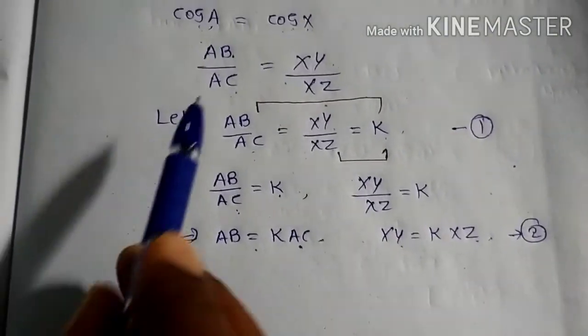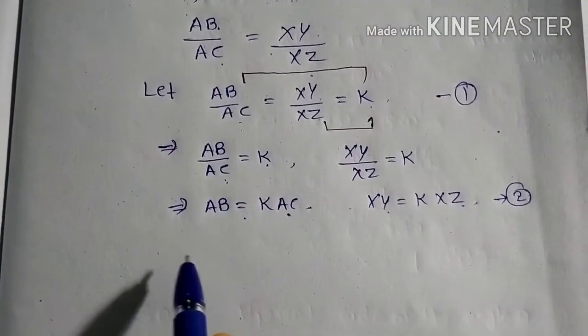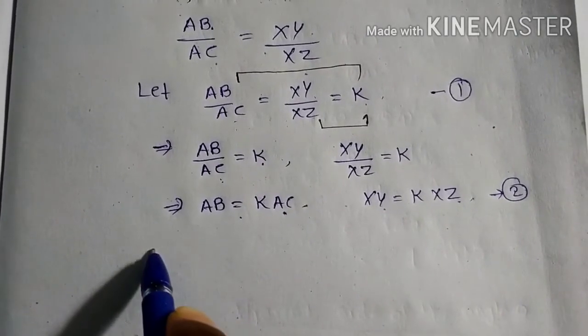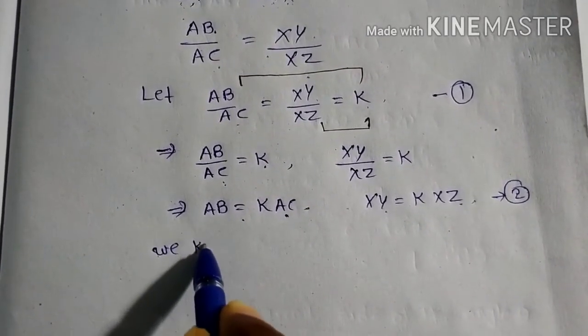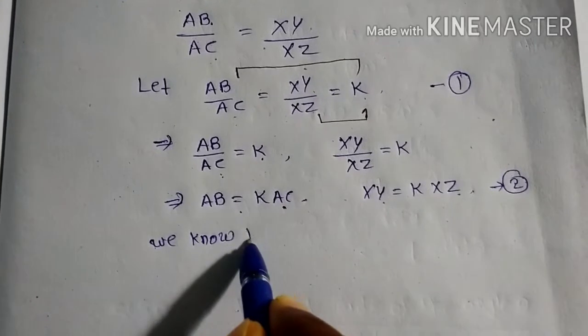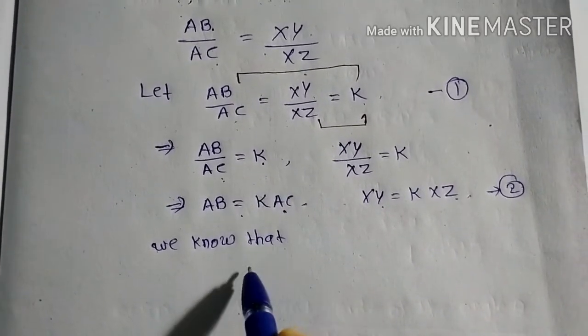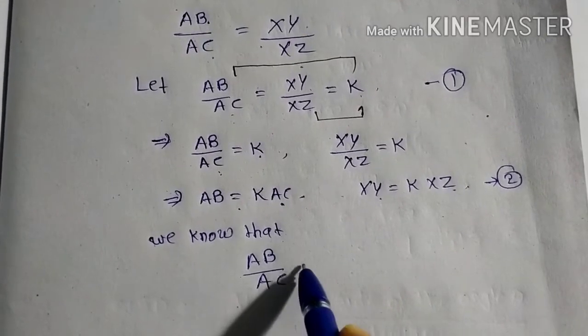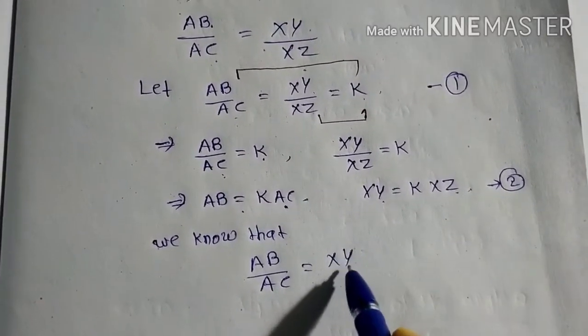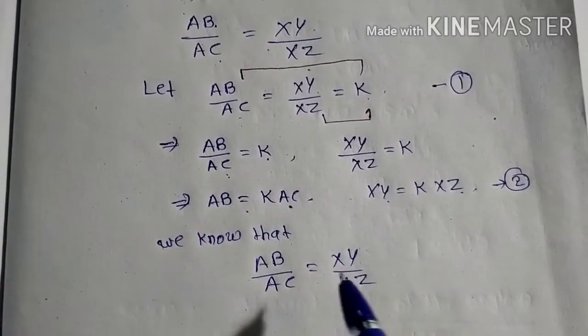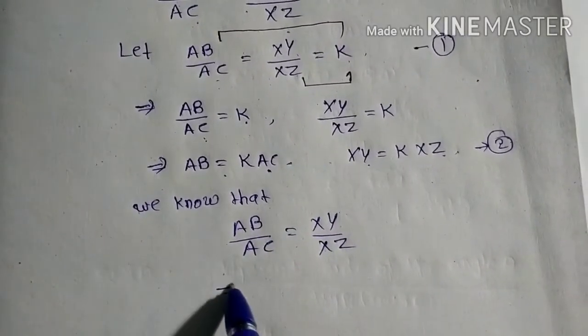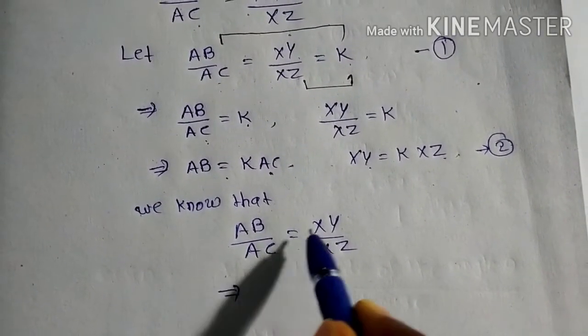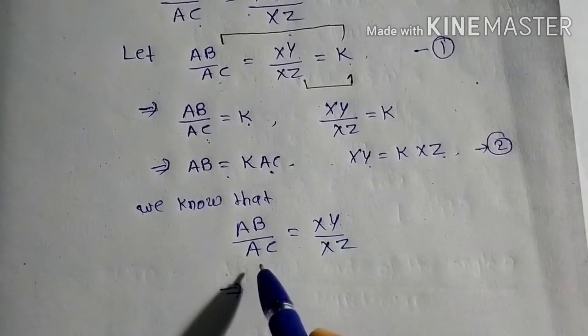See here, we already know that AB by AC is equal to XY by XZ. I am transposing AC to the RHS and XY to the LHS.